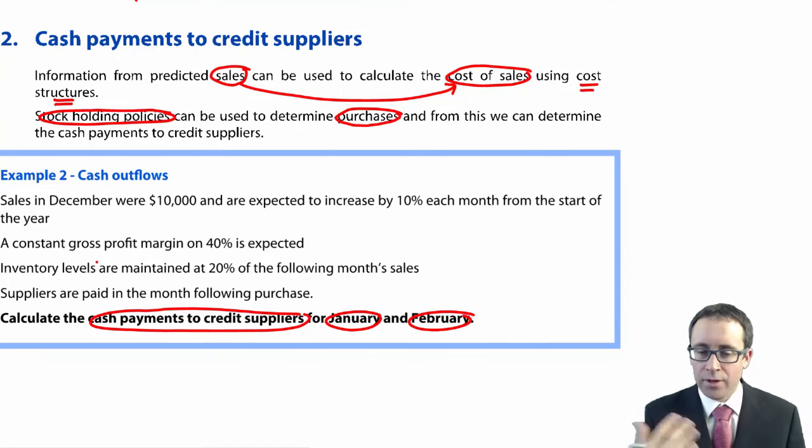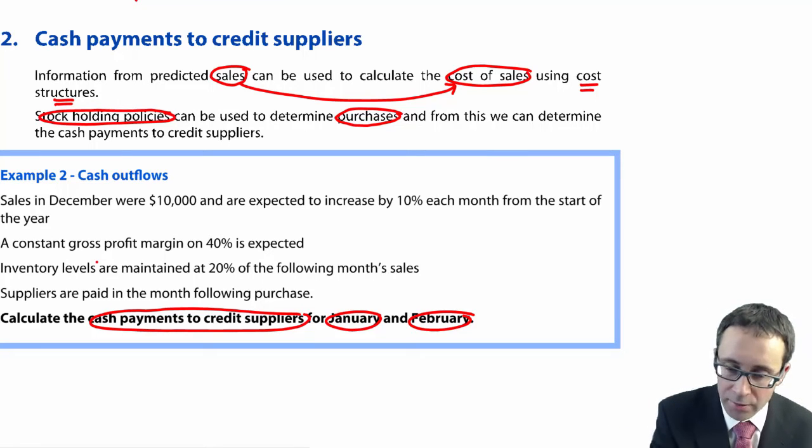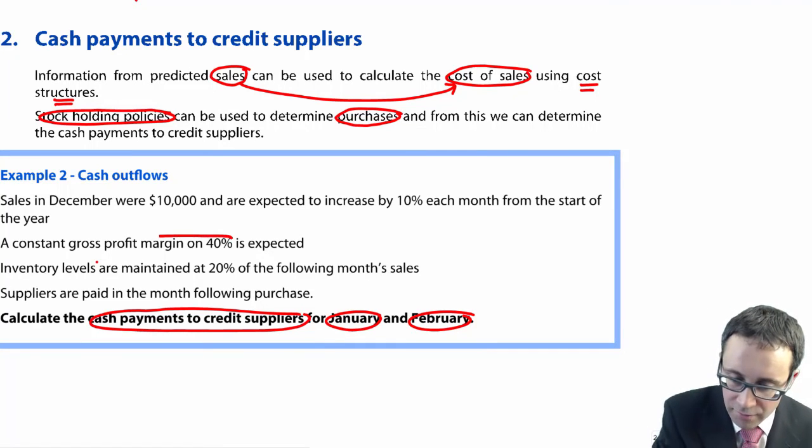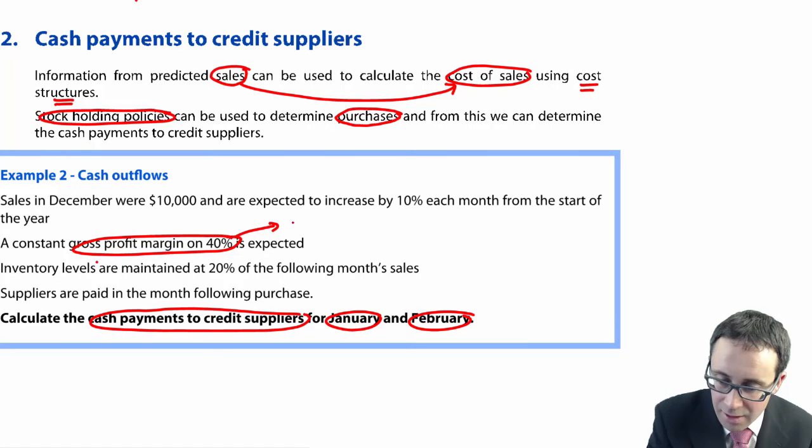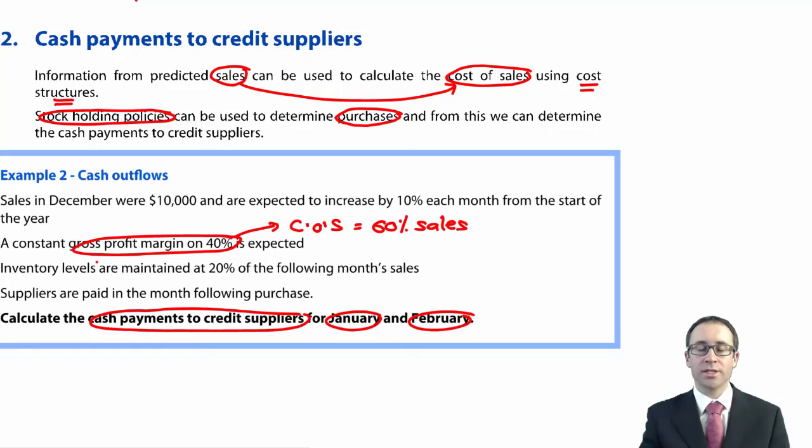Forget about that. Let's focus on the cost of sales, because once you've got your sales, you can work out your cost of sales. If you've got a gross profit margin of 40%, then you know that your cost of sales must be equal to 60% of those sales, mustn't it?